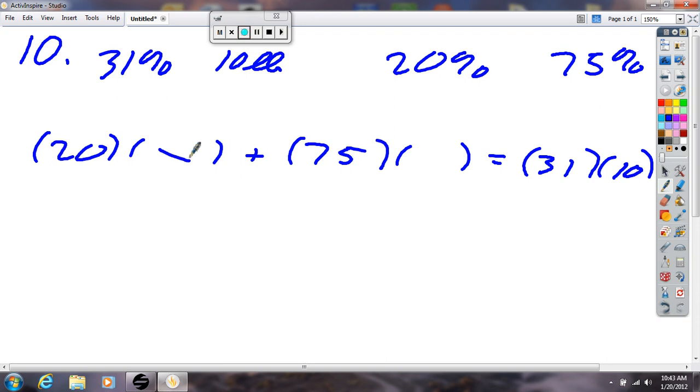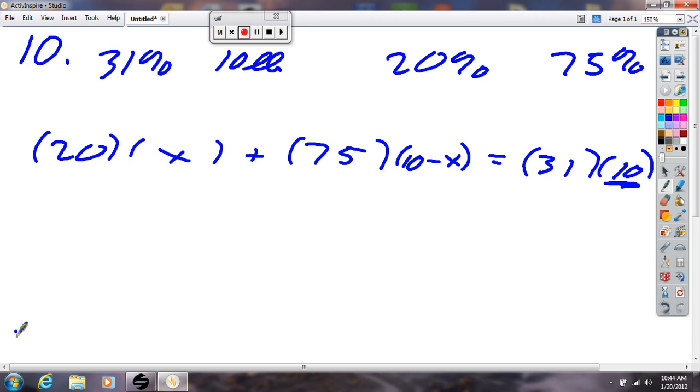X. What goes in this spot? 10 minus the X. If they give you this one, the number, and they do not give you these two, put the X in here, and this one is this number first, always the number first, minus the X. And that's the way the problem is set up.